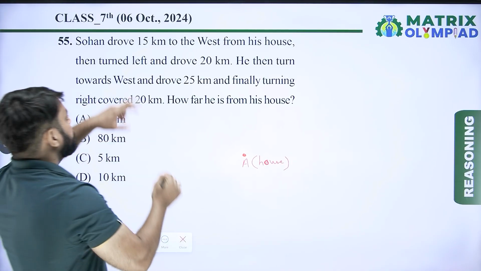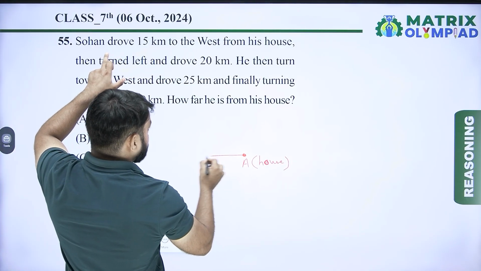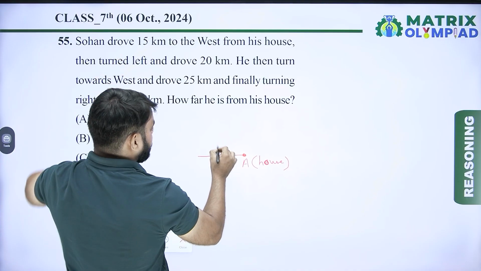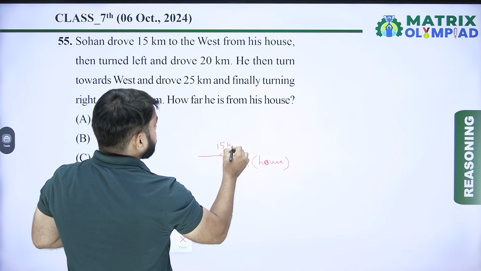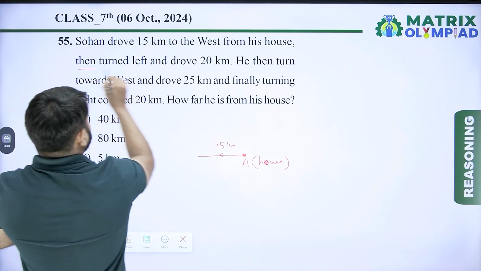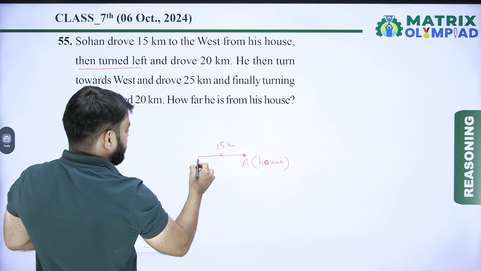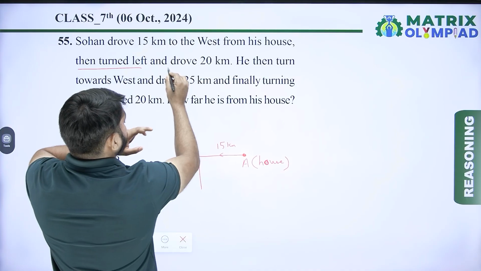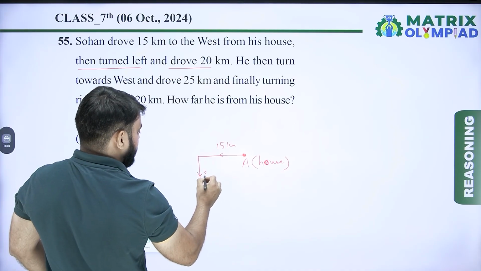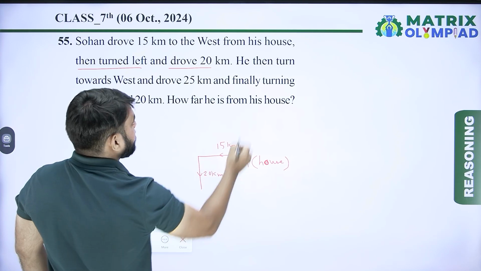So Sohan first drove 15 kilometers towards the west direction, then turned his left and drove 20 kilometers.